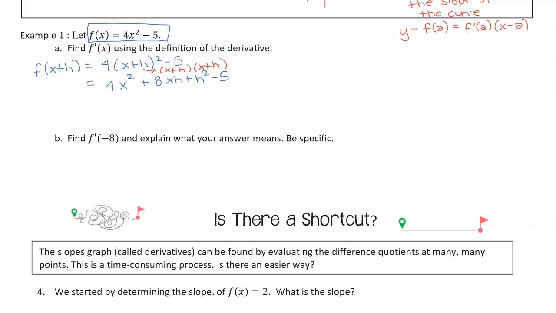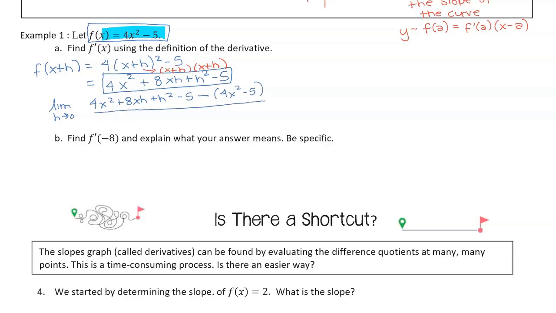Now I can put all the pieces into the limit definition, so I get the limit as h approaches 0 of f of x plus h, so that's going to be all of this, 4x squared plus 8xh plus h squared minus 5, all minus f of x. So minus 4x squared minus 5 all over h.